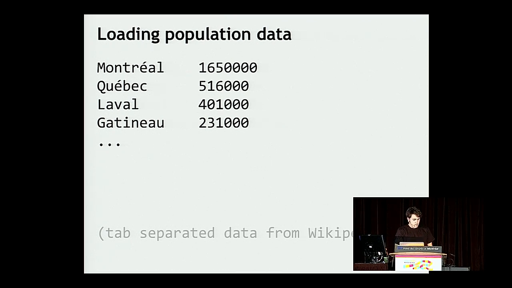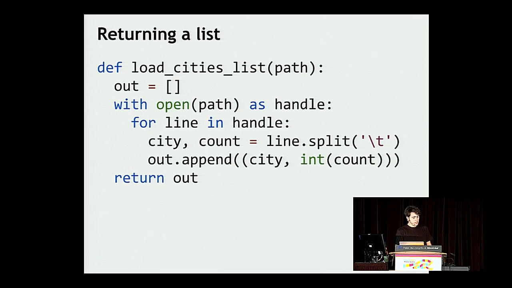So let's say I have a file of some data. This is a population of people in the province of Quebec, and I got this from Wikipedia, so it might be wrong. So I'm going to load this data file. It's tab-separated data. Here's a function to do it. Load cities list takes the path to the file on disk. It creates a list of output.